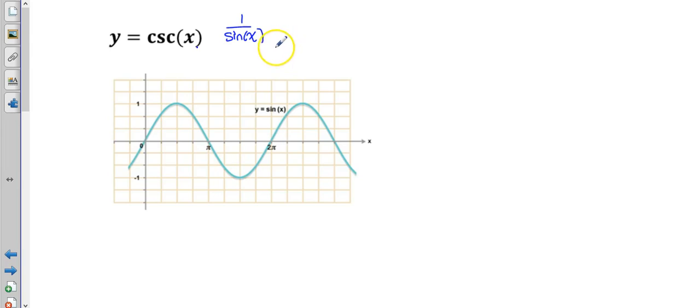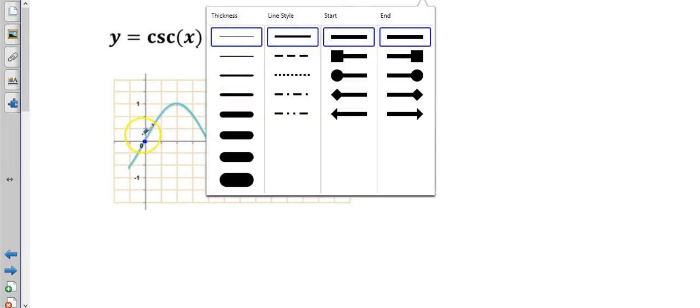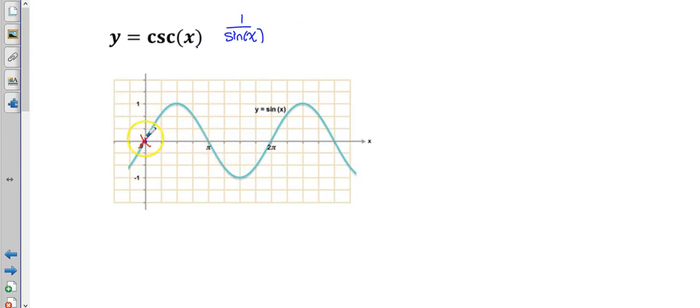So first things first, we know what's going to happen at these guys right here. So at 0, what is 0 for sine will become the asymptotes of cosecant, because it'll become 1 divided by 0 or -1 divided by 0, which is no good.